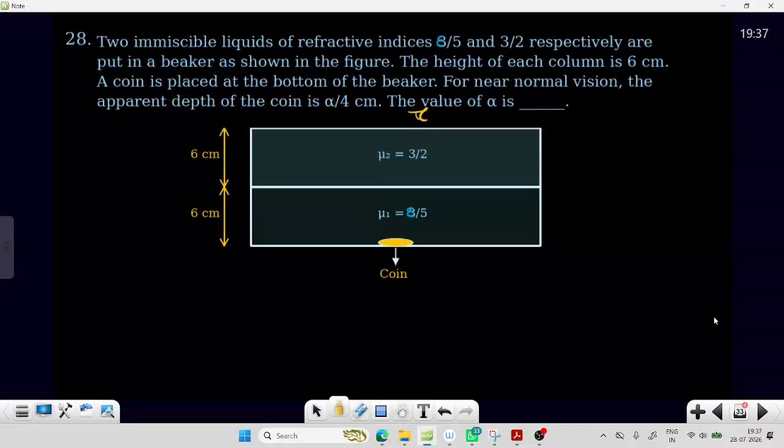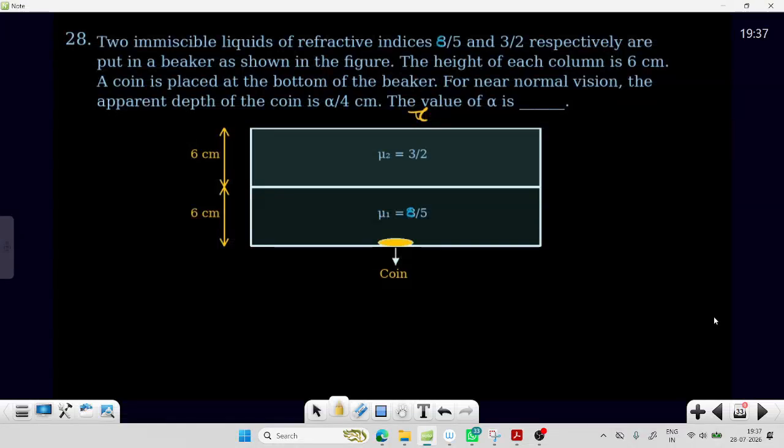Now take this problem. Two immiscible liquids of refractive indices 8 by 5 and 3 by 2 respectively are put in a beaker as shown in the figure.